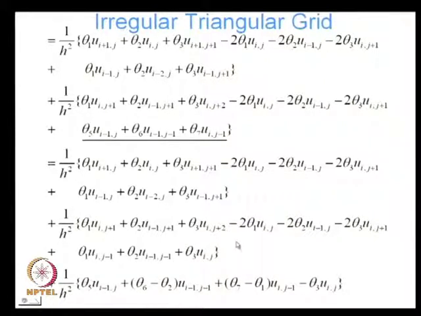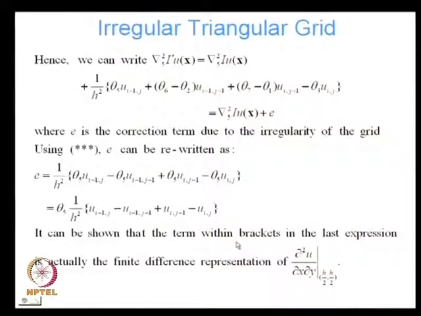The advantage of doing this is that I want to write it in terms of my previous expression. So, we can write del 2 5 I prime u of x, del 2 5 using the new interpolant, is equal to del 2 5 using the old interpolant plus this correction term, right. Let us go back again.